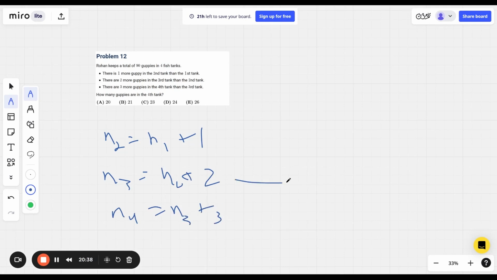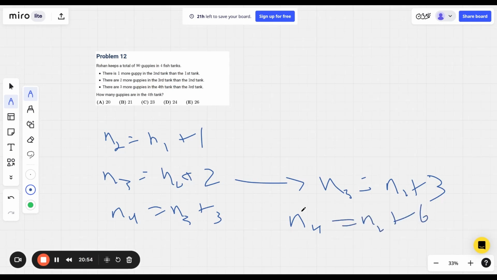And now we just extend this. So for n3, we substitute our value of n1 plus 1 in for n2, giving n1 plus 3, and for n4 we substitute our value of n3 in, n1 plus 3, so it equals n1 plus 6.